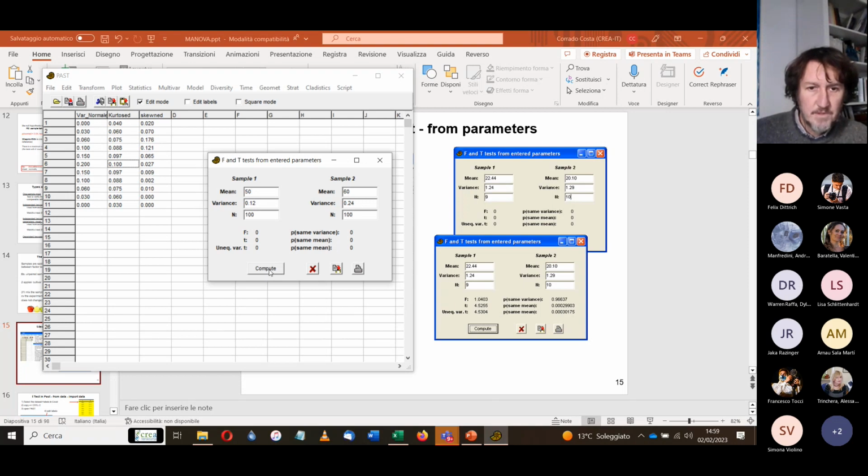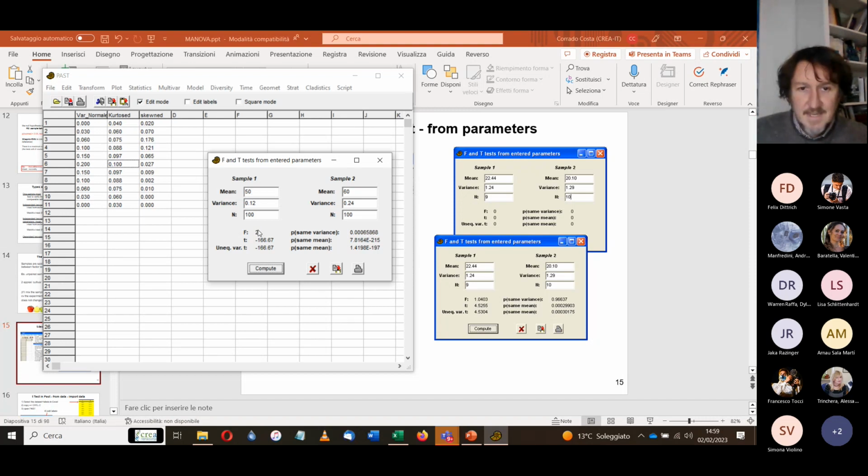We can compute here. And first of all, there is the homoscedasticity test. So the null hypothesis is that the two distributions have the same variance. The null hypothesis is rejected because the value is lower than 0.05.